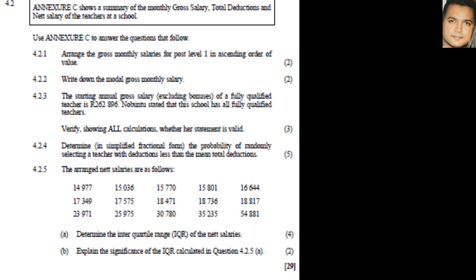Explain the significance of the IQR calculated in question 4.2.5a. Okay, all this means that we've basically calculated the center portion. What we are saying is we have the highest and the lowest. Let's look at the positions of it.